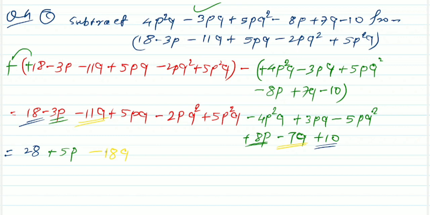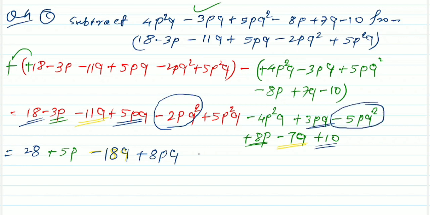I hope you are able to see this yellow color here. Okay. Then plus 5pq plus 3pq, same sign, we add, give same sign to the answer. Minus 2pq square, you can solve it with minus 5pq square, same sign, we add, give same sign to the answer. Plus 5p square q minus 4p square q is plus 1p square q.